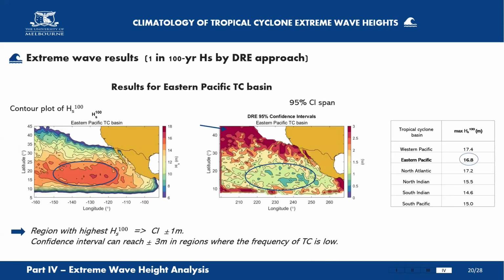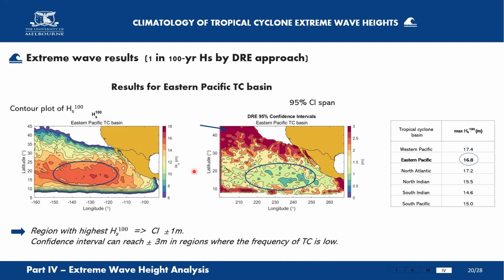Here is an example of the extreme wave results for the Eastern Pacific. We have on the left the contour plot of the HAS 100, and on the right the confidence interval span for these results. We can see that the regions with the highest HAS 100 have a confidence interval of plus or minus 1 meter.